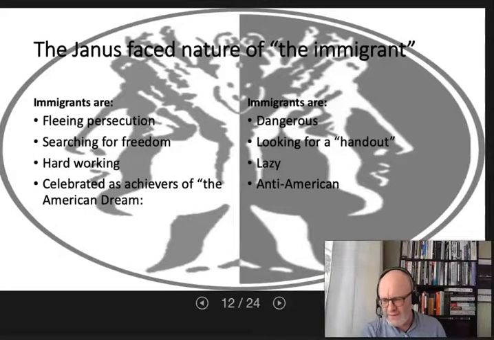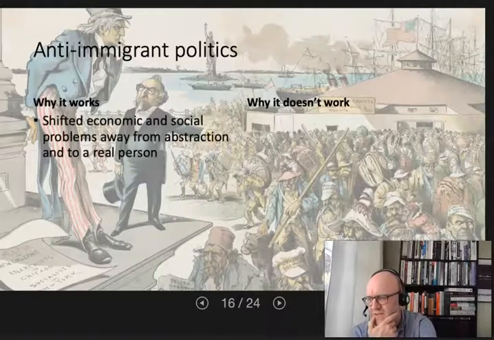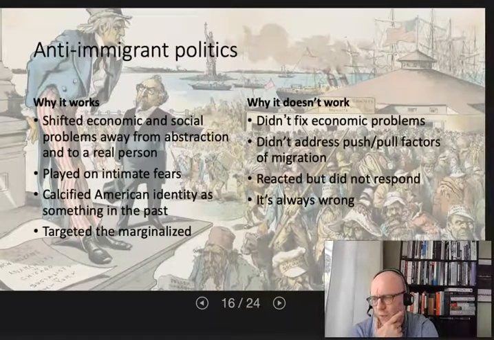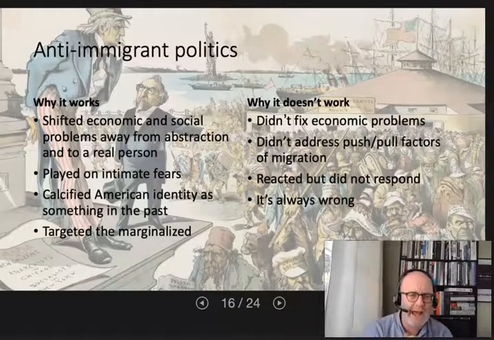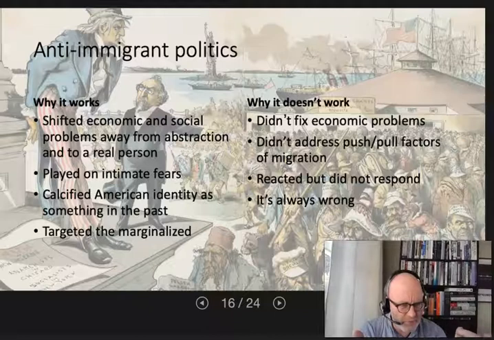To that end, anti-immigrant politics. Again, as I've just gone over, why they work, why people are apt to believe them, is because they make an abstract problem real by saying, those people are the reason that you feel uncomfortable.